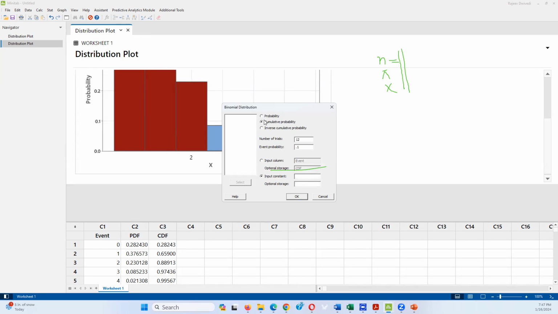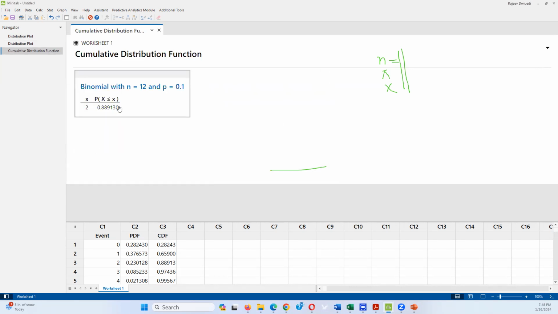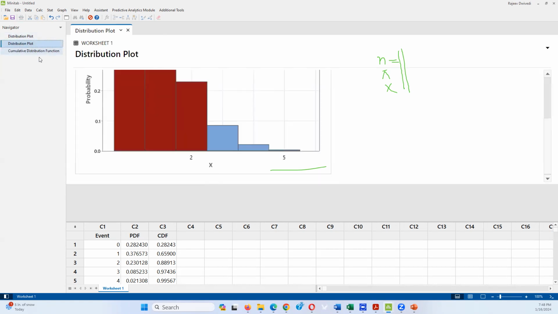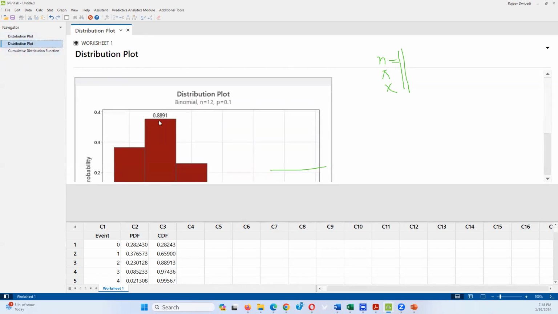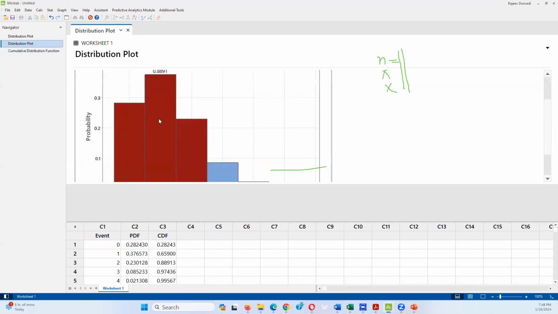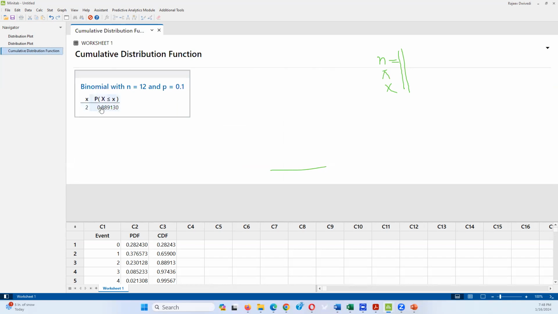If I run cumulative, you get 88 or 89%, the same value we saw here, because we ran the cumulative one. Now let's go into the next step.